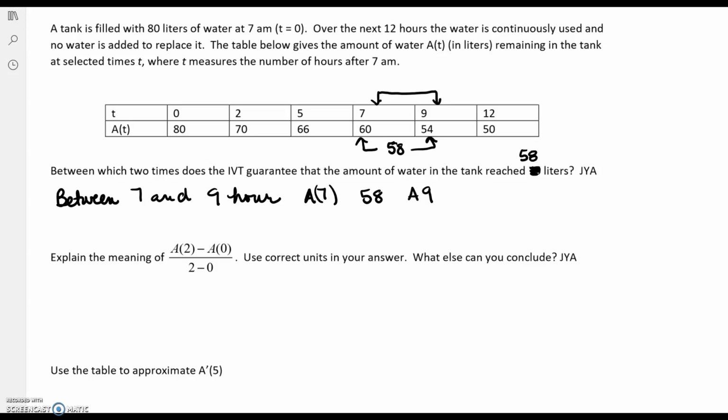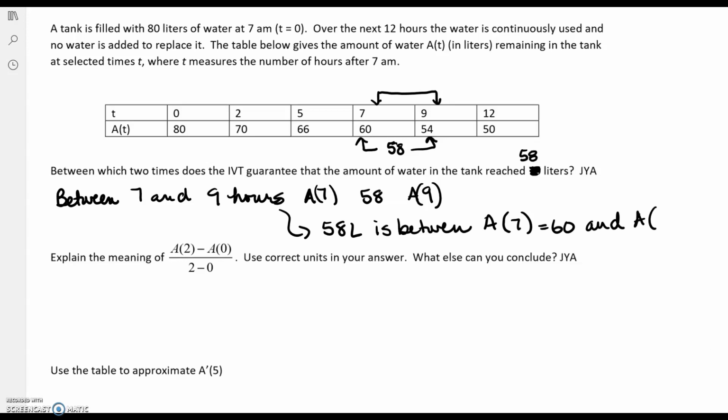So you could say that 58 liters is between A(7), which is 60, and A(9), which is 54. And I've left out the word that I need to say that A(t) is a continuous function.